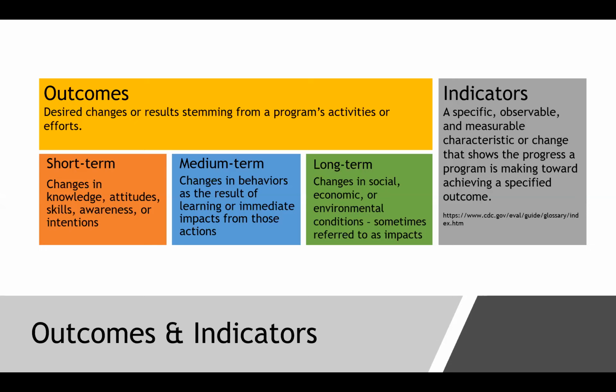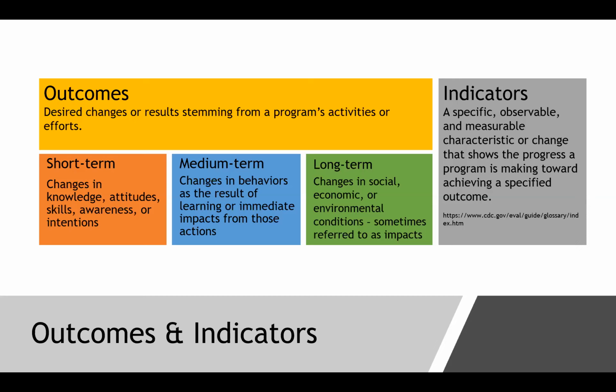So outcomes, put simply, are the desired changes or results stemming from a program's activities or efforts. They're often divided into short-term, medium-term, and long-term outcomes. And generally speaking, the short-term, as you see, are changes in knowledge, attitude, skills, awareness, or intentions, generally among the program participants, so those who had a direct contact with the program.